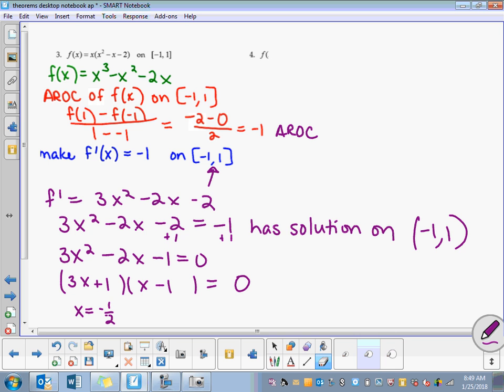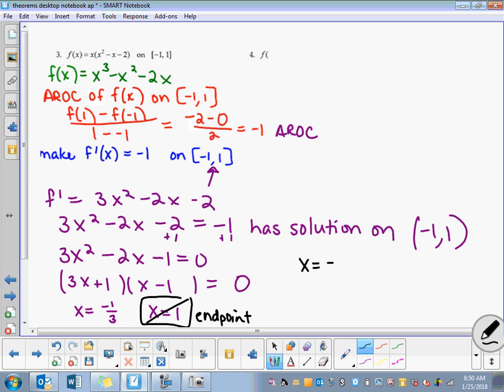Oops, okay, that's not the right math. The solutions are -1/3 and 1, but I can't use 1 because that was an endpoint. So the solution is x is -1/3. I don't know why I keep writing -1/2 or -1/3, because I'm dumb.